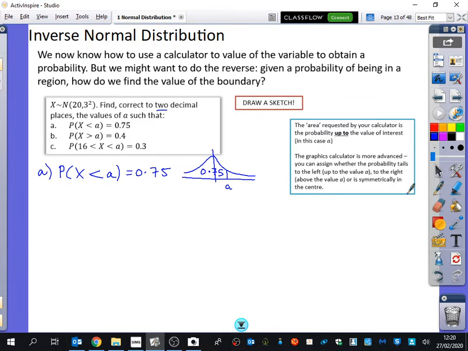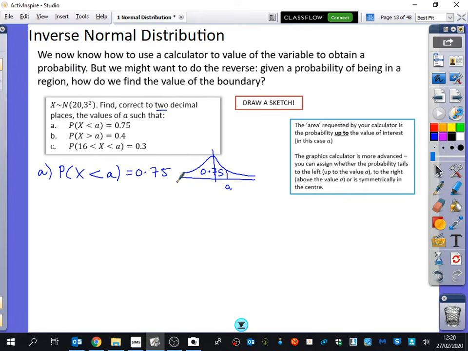But the graphics calculator is more advanced. You can assign whether you want the probability to tail to the left, like in this case, or to the right, or you can do them where you want it symmetrically in the center. But I'm always going to do my calculations as though they are trailing to the left so that it's the same for everybody else.